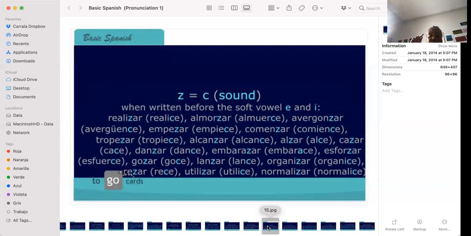When those verbs are in either the command form of usted or ustedes, or in the negative command form of tú, the AR ending becomes the ER ending.